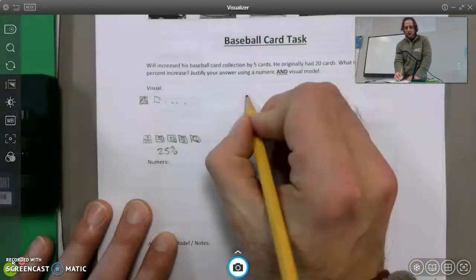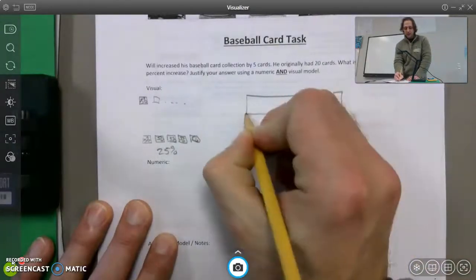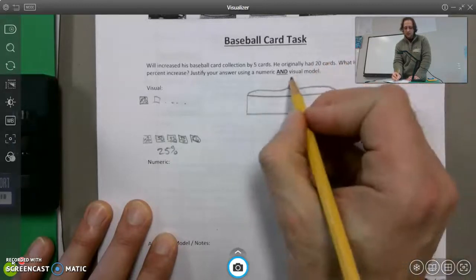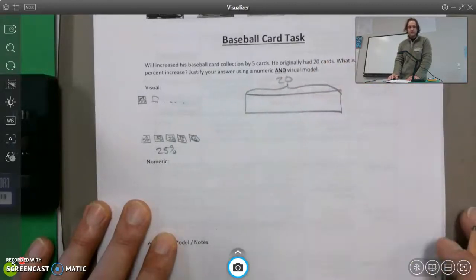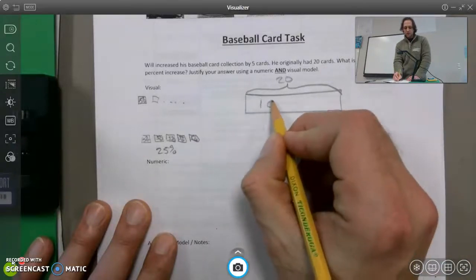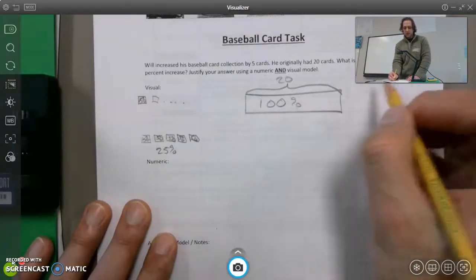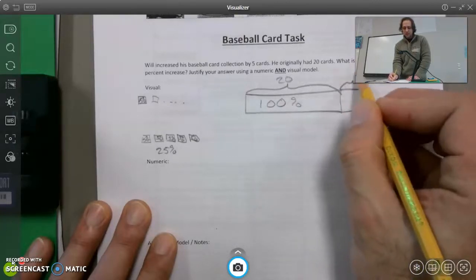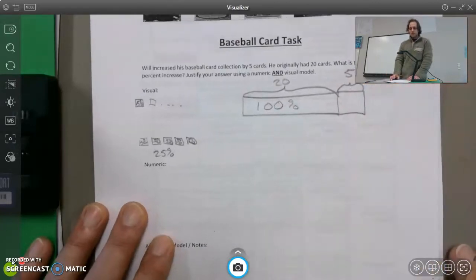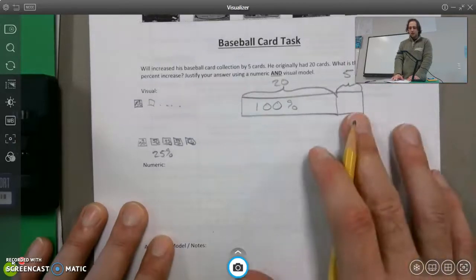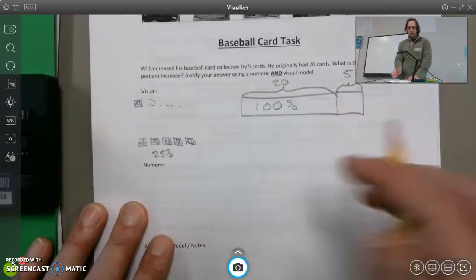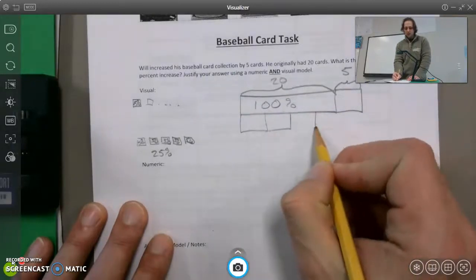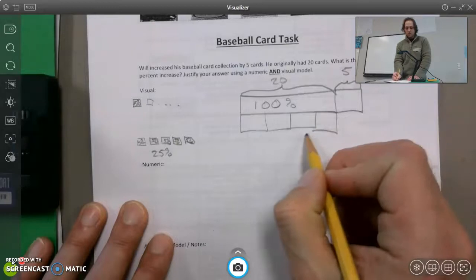Another way you might have thought about it is, I have this entire collection of cards. This collection of cards is 20 baseball cards. That's 100% of my collection. I'm adding an additional 5 cards. Well, if I look at this original 20, if I were to break this up into groups of 5, how much would each group be worth?